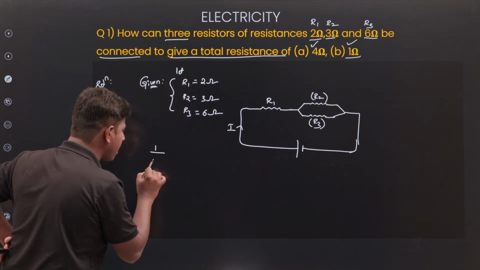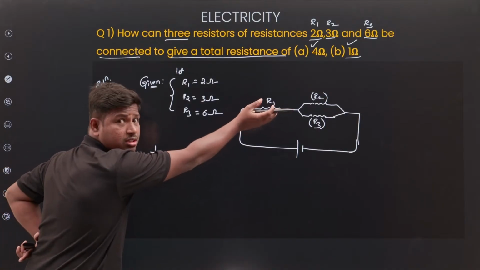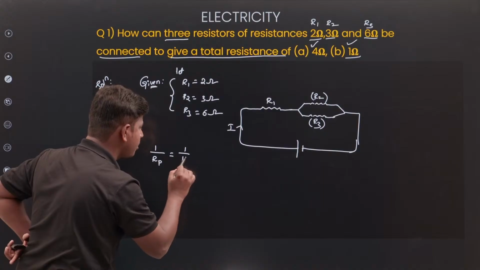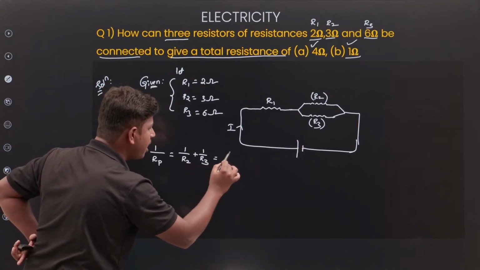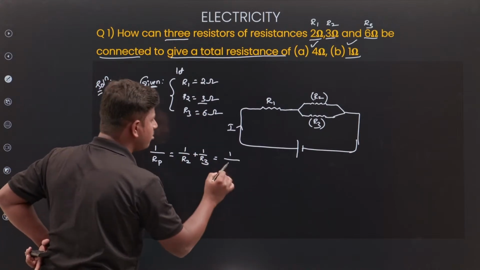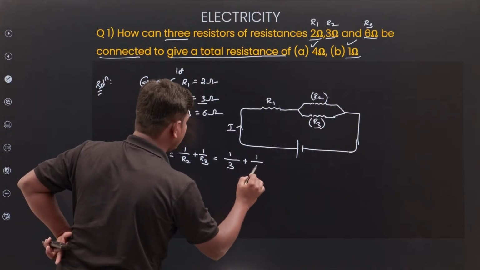What is the formula for parallel? 1 by Rp is equal to, for R2 resistance and R3 resistance, 1 by R2 plus 1 by R3. So 1 by R2, the value is 3, 1 by 3, plus R3 value 1 by 6.